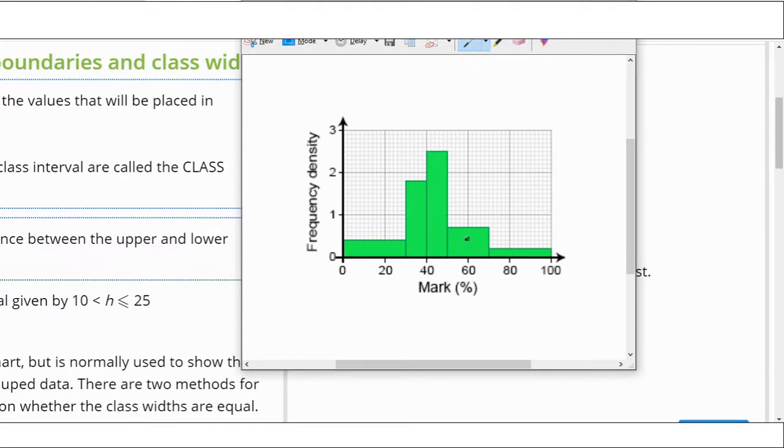So this one should be 20, right? The class width 20.